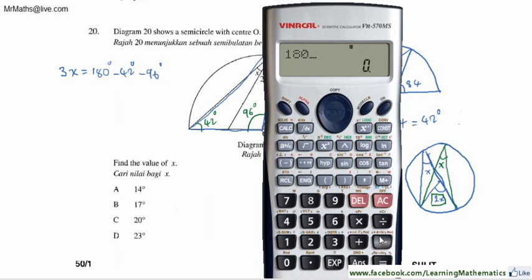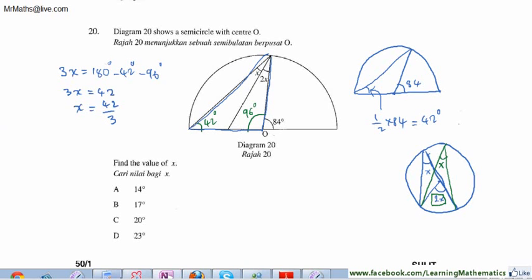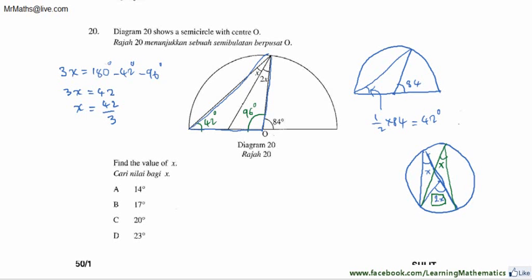Why 180? Because the total of angles in a triangle is 180. Minus 42 minus 96, which is 42. So 3x is 42. What is x? x is 42 divided by 3, which is 14. The answer is A.